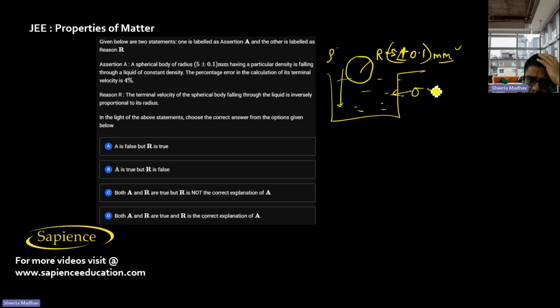The percentage error in the calculation of its terminal velocity is 4%.